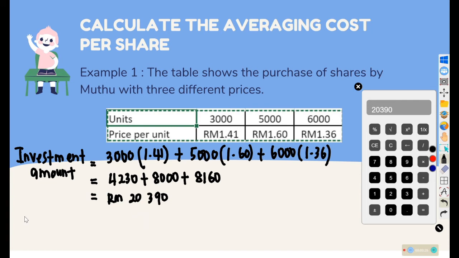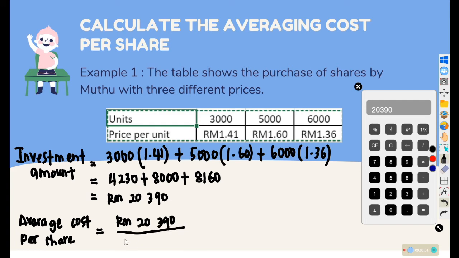Now we find the average cost per share. So average cost per share is equal to RM20,390 over 3,000 plus 5,000 plus 6,000 units. So you will get 14,000.